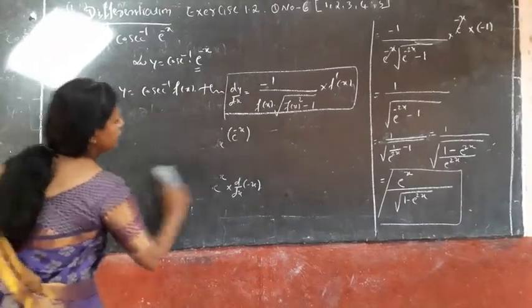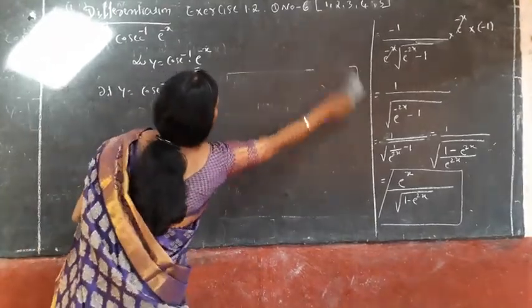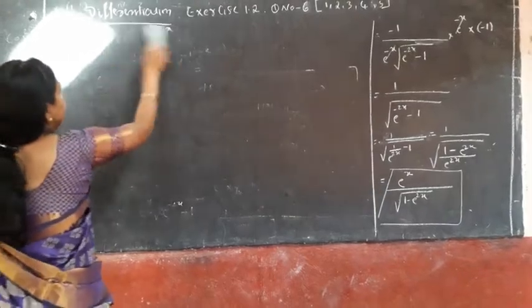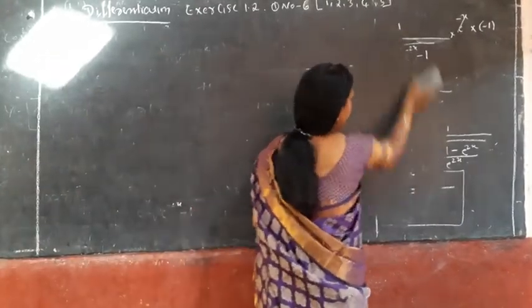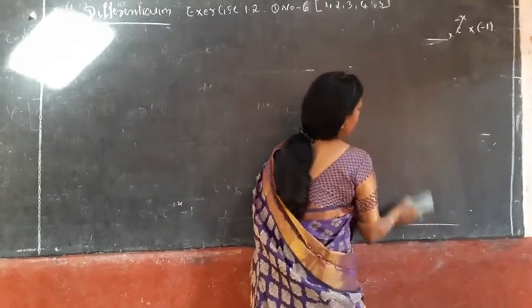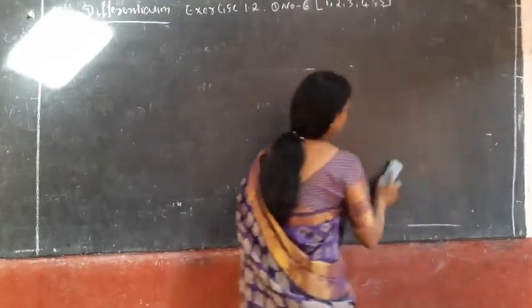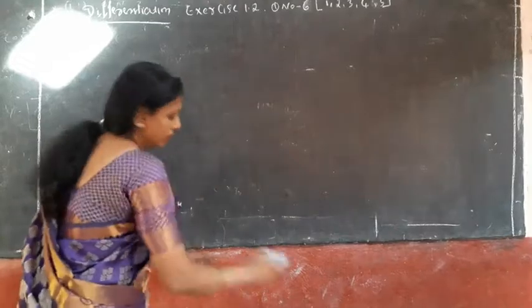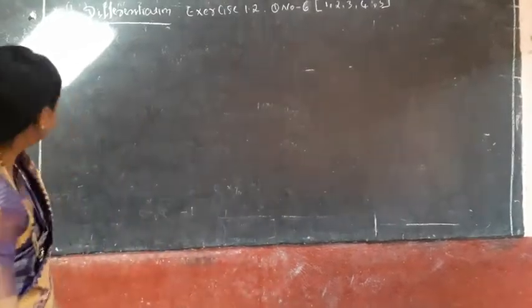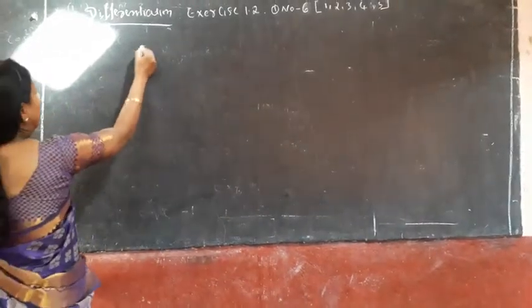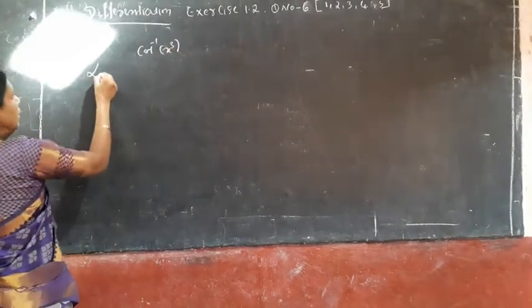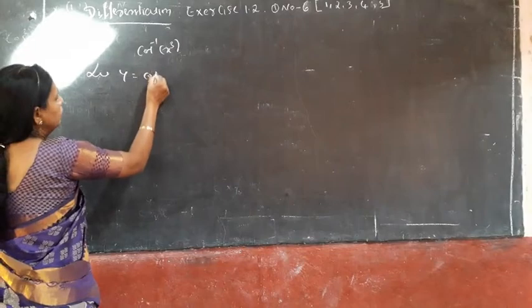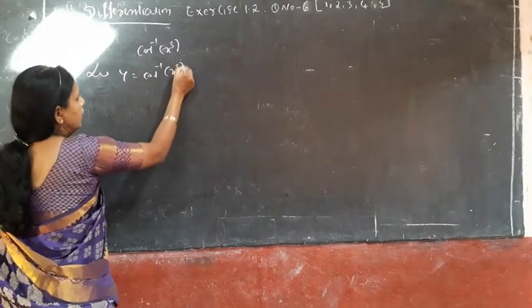Next, consider the third example. That is, third one is cot inverse x cube. Let y equal to cot inverse x cube.